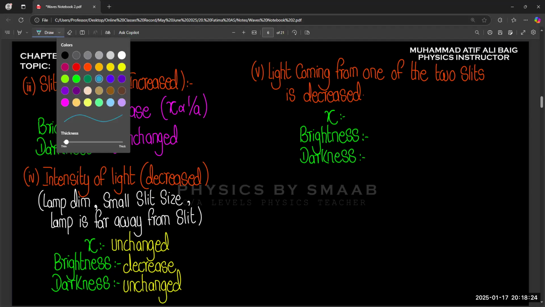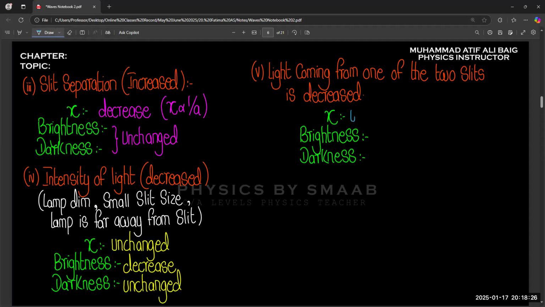In this final factor, x remains unchanged. But what happens? Light coming from one slit is decreased. So definitely because of the decrease, overall brightness also decreases, because when they interfere with each other, the overall brightness decreases, and the darkness of dark fringes also decreases.